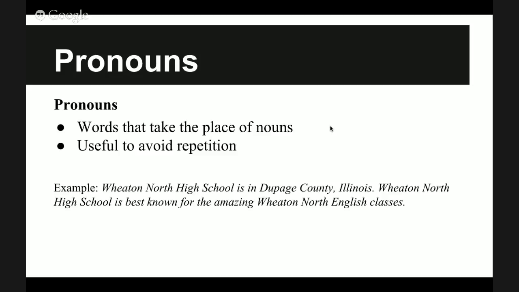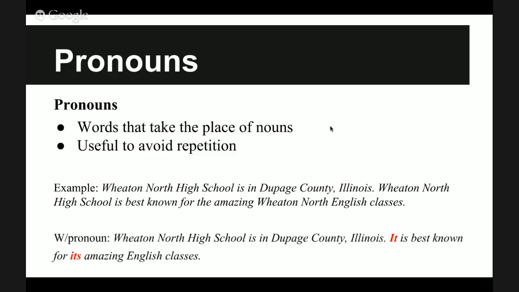So let's look at an improved version using pronouns. Wheaton North High School is in DuPage County, Illinois. It is best known for its amazing English classes. So you can see the pronoun "it" is standing in for Wheaton North High School in 2 different senses.